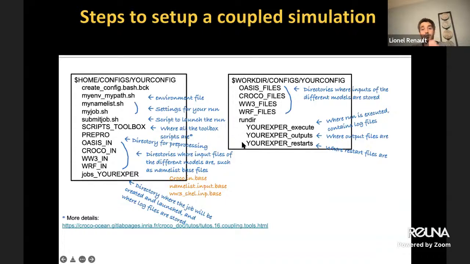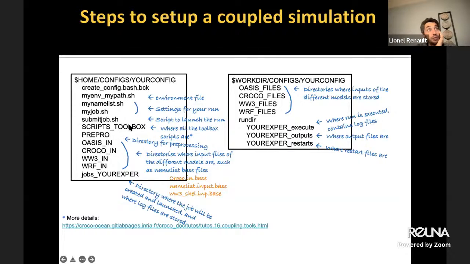So this is more or less the same. After doing create configuration, we have here the different files we will have in your config. It can be Chile, it can be Benguela, it can be whatever you want. Those are the 3 files we want to modify. Here, this is a script toolbox.